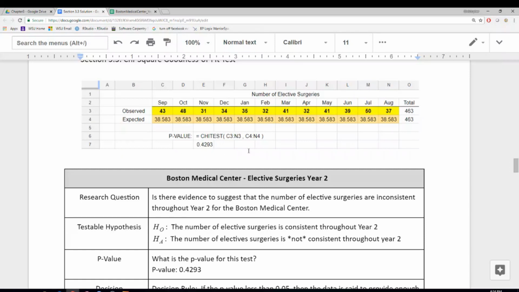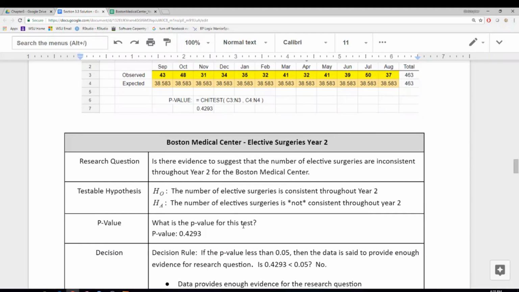And then I'm going to use the same equal chi-test that I used before. I'm going to put in the observed counts, comma, and then the expected counts. And when I do that, I get a p-value of 0.4293.